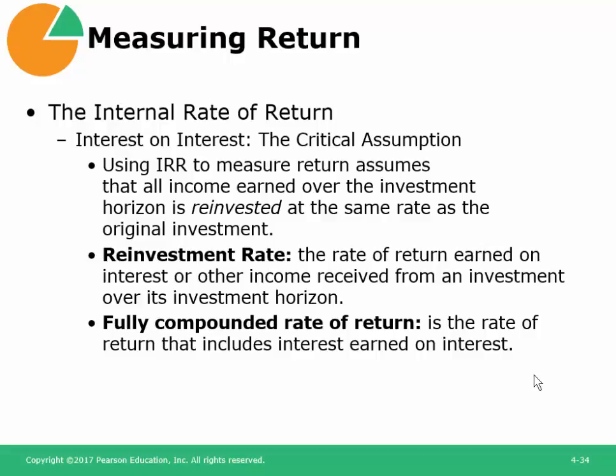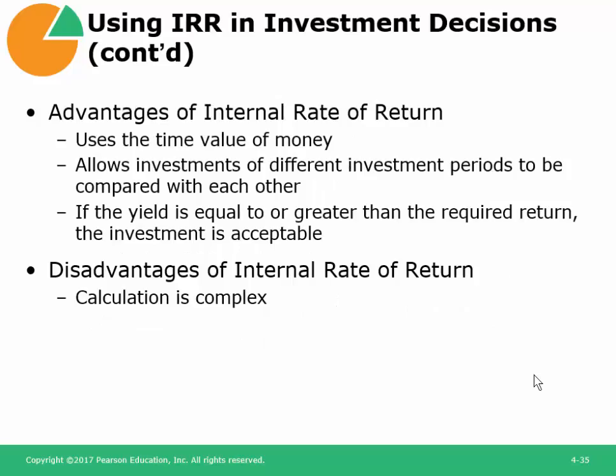So again, this reinvestment rate is the rate of return that we're going to earn on future investments. So the question we need to ask is, and this is kind of a risk question, will we be able to receive the same rate of return every year from now till the end of the time horizon, or will it be higher or lower? What's the answer? We don't know.